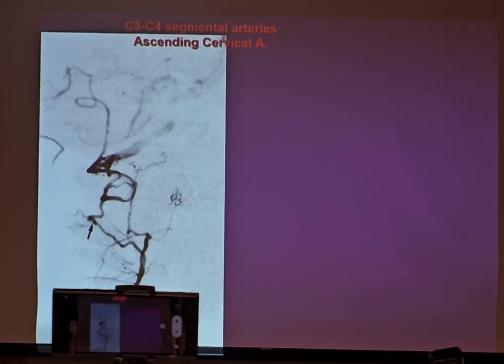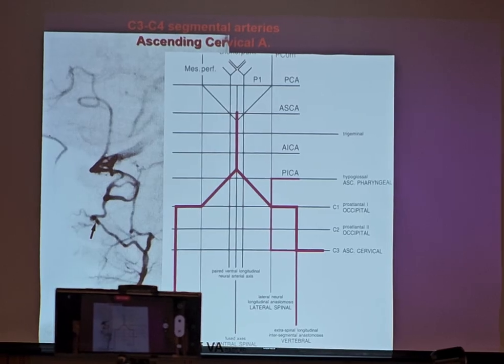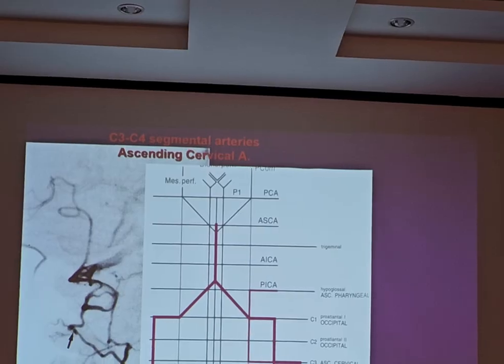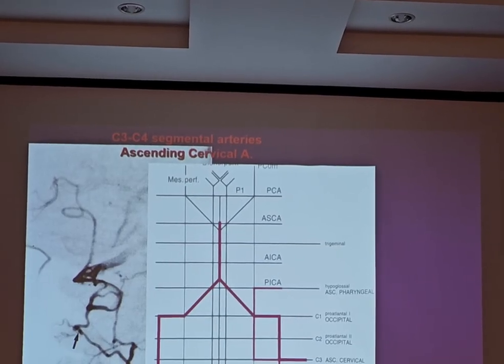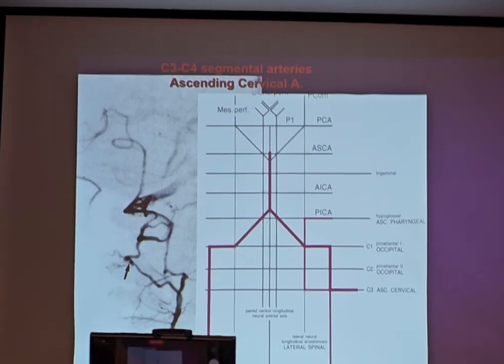There is another smaller artery, and this can be explained by the flow from the C2, C3 inflow into the system giving rise to PICA and also to the basilar artery, the vertebral basilar artery upstream. So you can call it many names, for example, C3 origin of the PICA, or ascending cervical origin of the vertebral artery. So in nominating the variation, there can be more than one name.